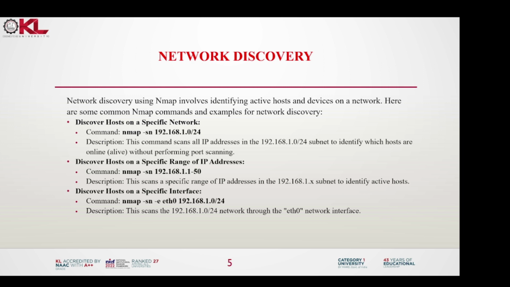This is how we can identify which systems are active and which are not active. To identify this, another thing we have to remember is the option -sn. Option -sn is used to identify whether systems are active or not active.